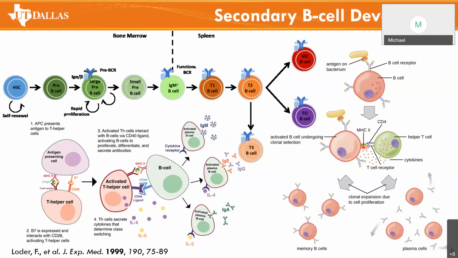And this will then activate the B cell to proliferate into memory and plasma cells. Another way this can occur is if a dendritic cell takes up a pathogen and activates a helper T cell, and this activated helper T cell will then find a B cell that it can activate to differentiate into plasma cells or memory B cells.